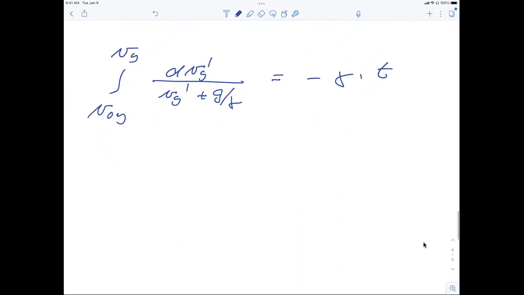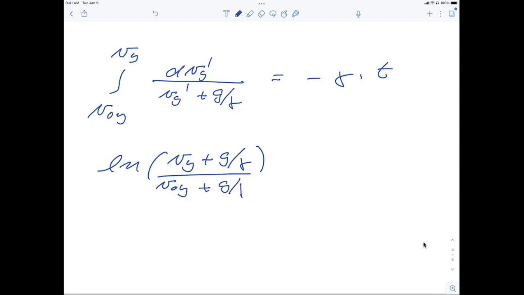So when we integrate up here, what we get is an ln of v of y plus g divided by gamma, divided by v0y plus g divided by gamma, and this is equal to minus gamma times t. And now we take the exponential of both sides.